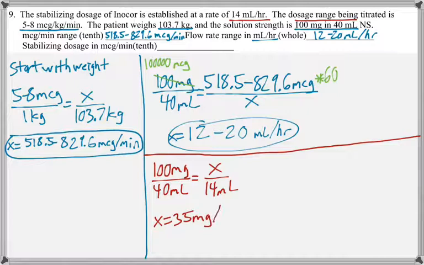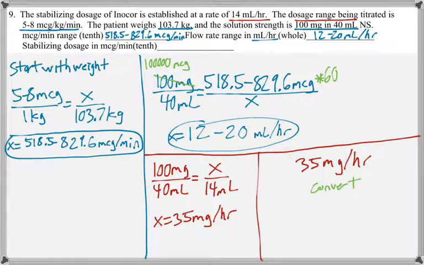So this is milligrams per hour. But again, for the final answer, it needs to be in micrograms per minute. So we need to do two things. We need to convert from milligrams to micrograms. So I'm moving the decimal place over 3 places.